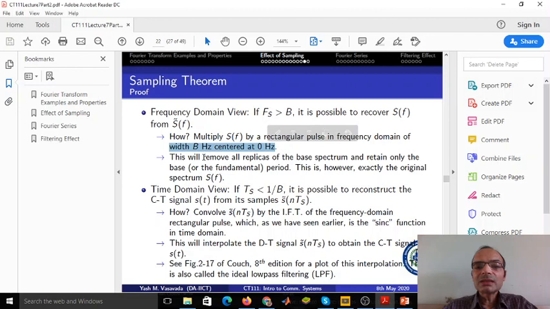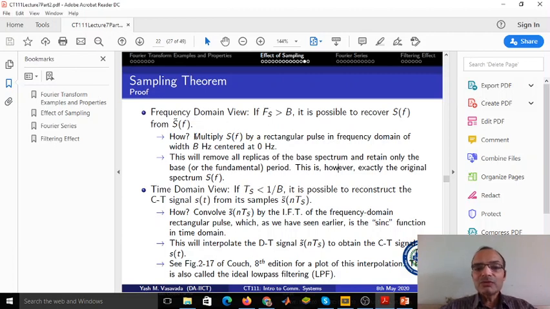When we do that, it will remove all the replicas of the main spectrum and it will retain only the base or fundamental period, but that is exactly the original spectrum S of f. So we can say that we have recovered our original signal. So that is the frequency domain viewpoint. But remember, whenever we have a frequency domain viewpoint, we just apply the duality argument and we get the time domain viewpoint.